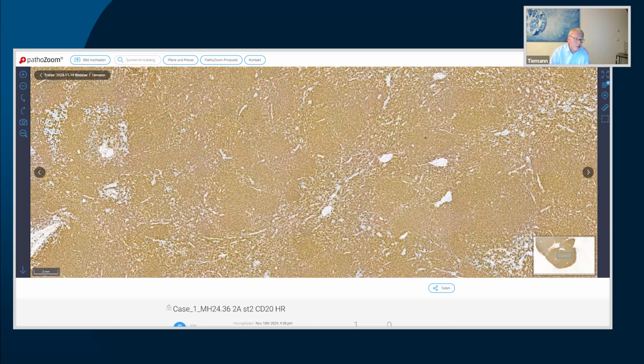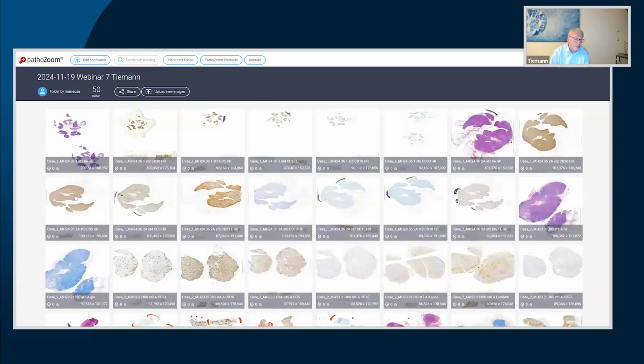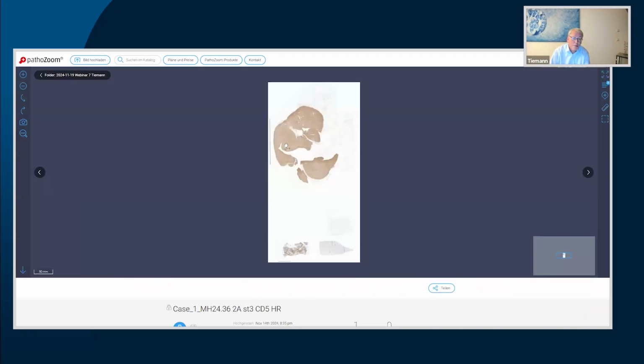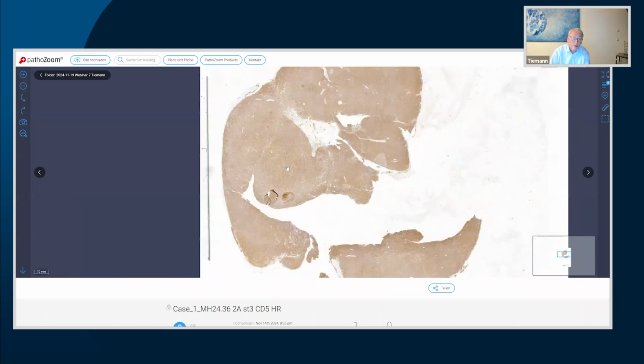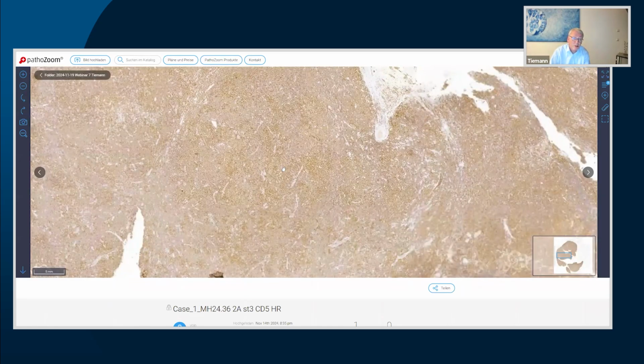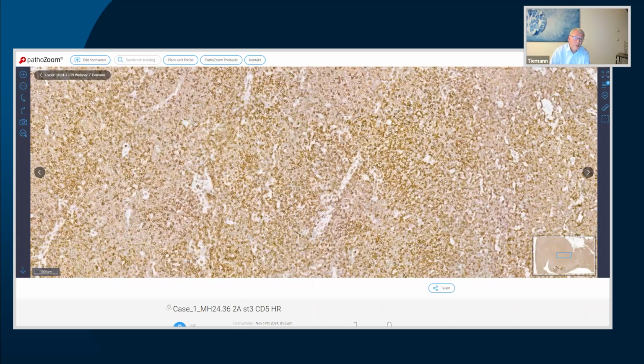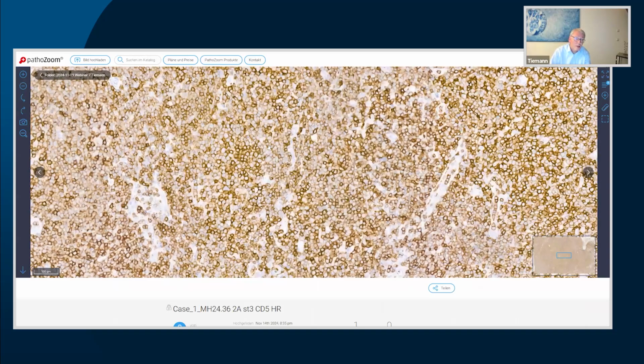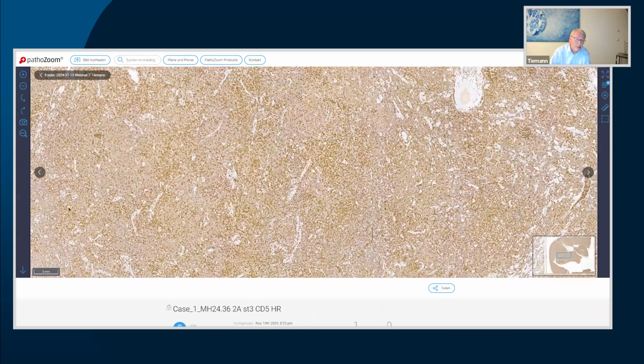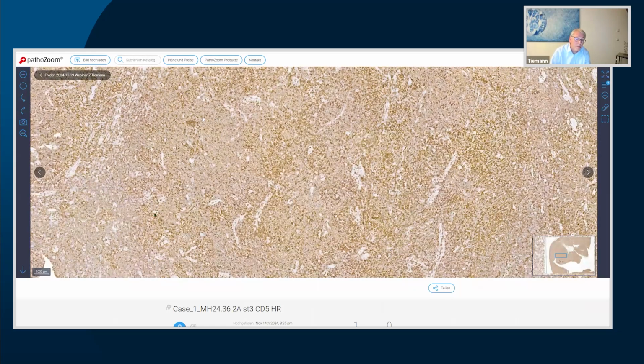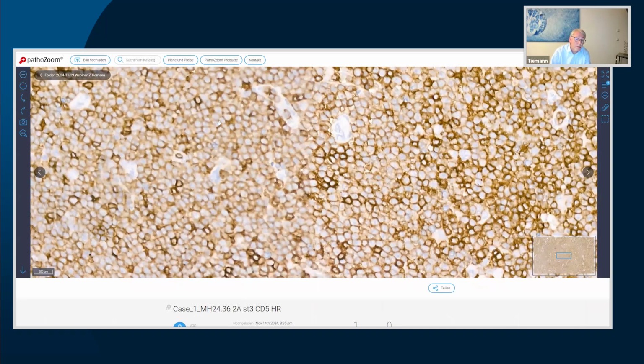And then small B cells, you would like to see CD5, whether there is a co-expression, and you suppose there could be co-expression. And indeed, you see strongly stained small T lymphocytes and weakly stained B cells here. Weak staining.